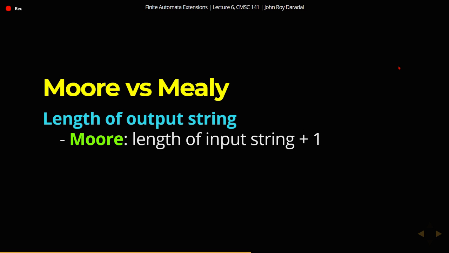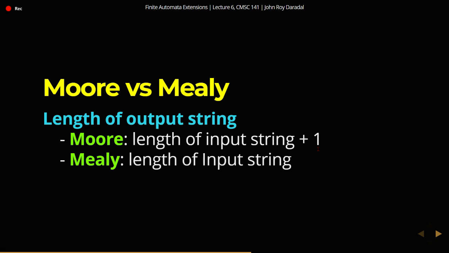And the reason for that is because at the start state pa lang, we already output the associated output symbol for that state. Okay, so we haven't processed an input symbol yet, but we already have one output. So that's why we have a plus 1. Okay, but in the Mealy machine, the length of the input string is the same as the length of the output string. So they are equal. Okay, so that's the difference.